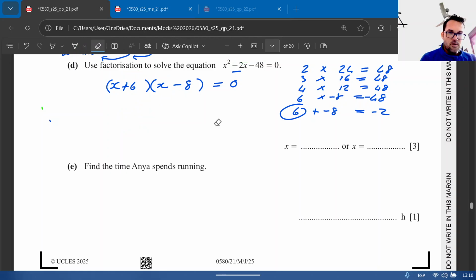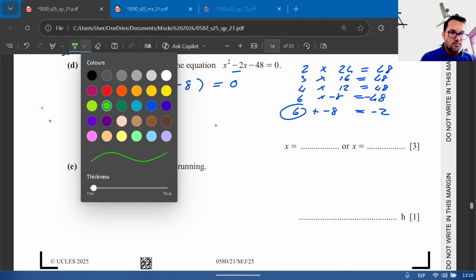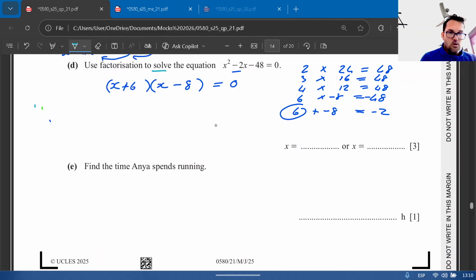Right, so we have factorized. Now we need to solve. So x plus 6 equals 0, x minus 8 equals 0. So x is minus 6, x is 8. Bam, done.